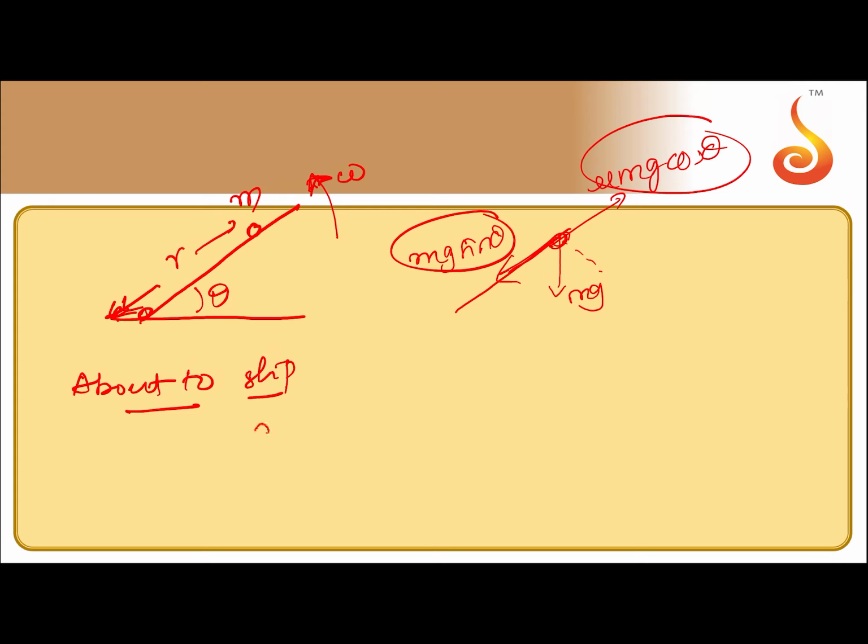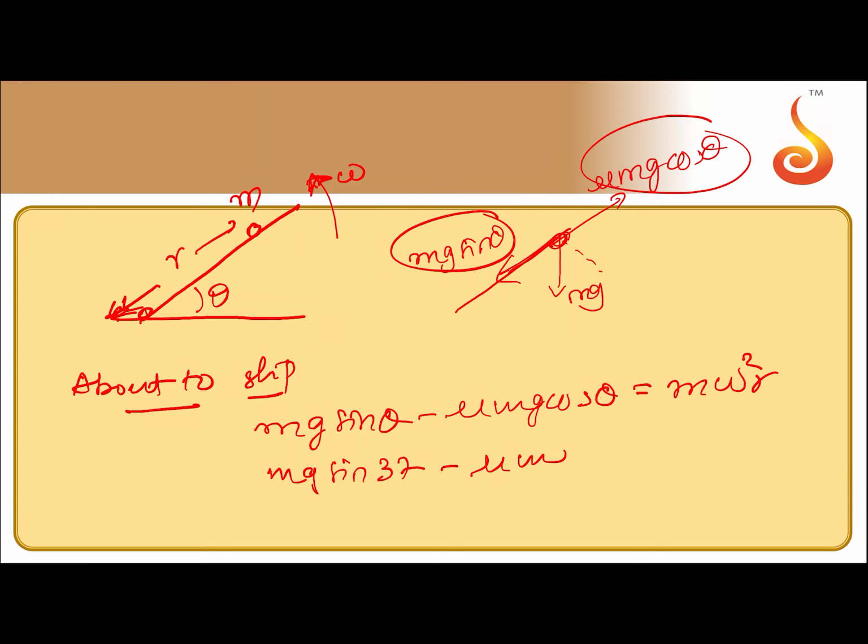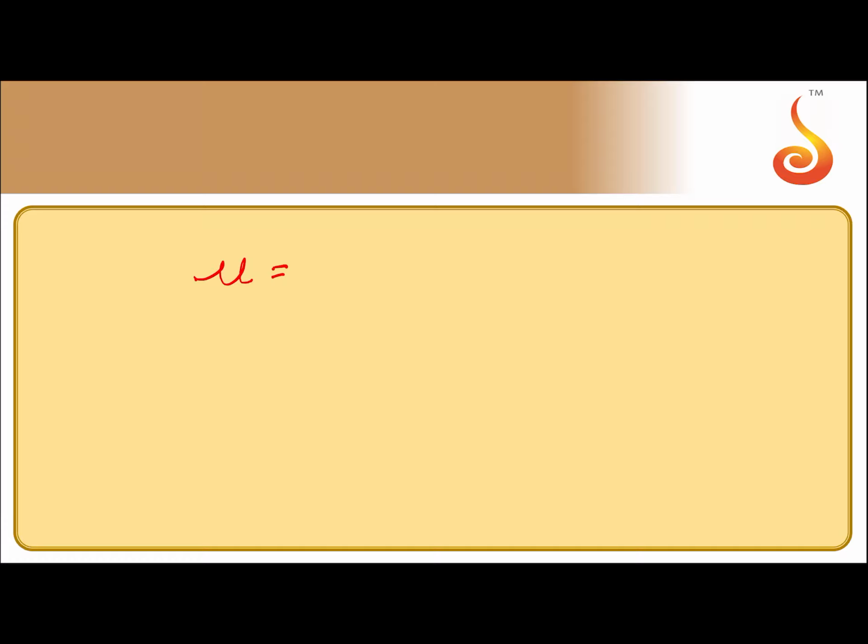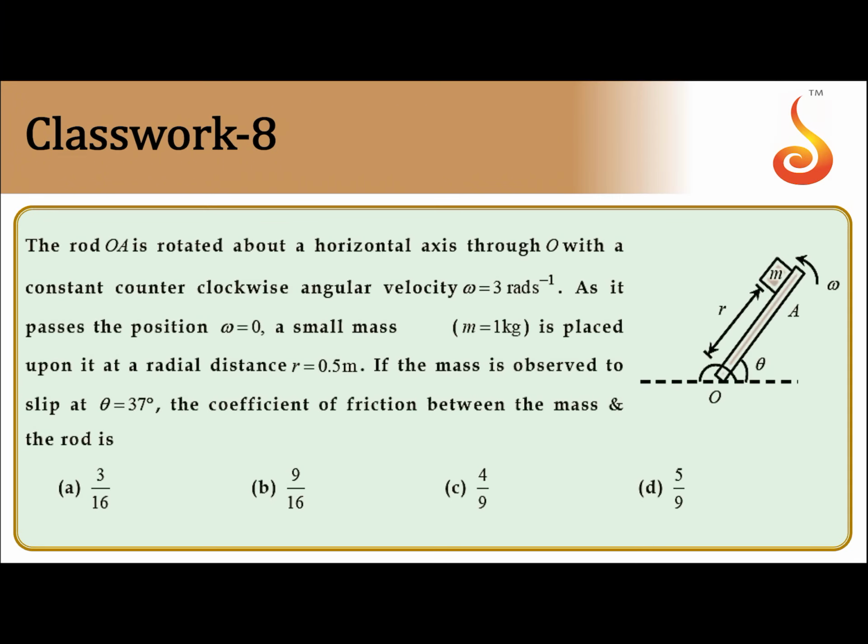So I can say mg sin theta minus mu mg cos theta is equal to m omega square r. If I substitute, mg sin 37 minus mu mg cos 37 is equal to m omega square r. So m cancels everywhere and you can simplify this, and upon simplification we get mu is equal to 3 by 16. So 3 by 16 is the coefficient of friction.